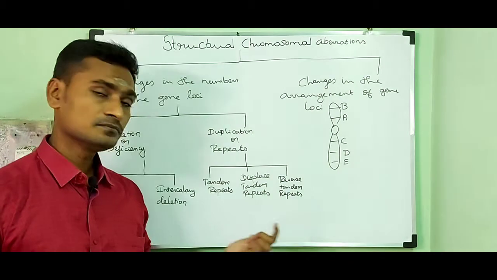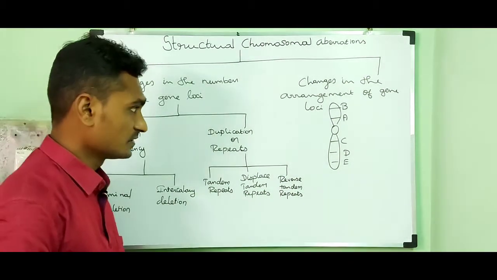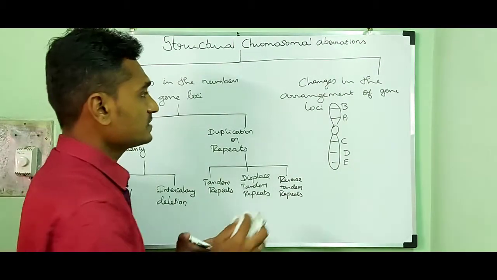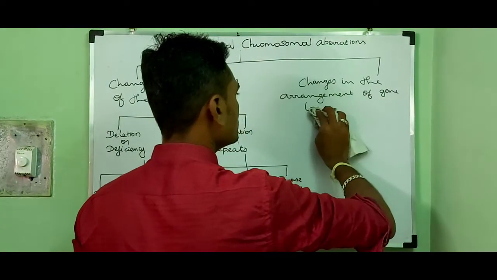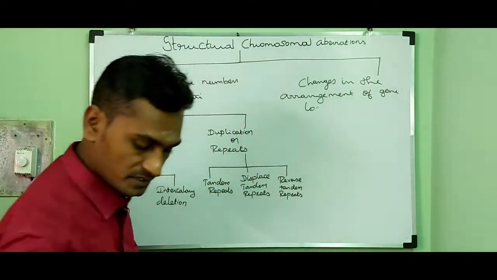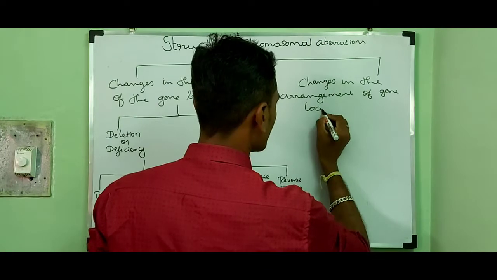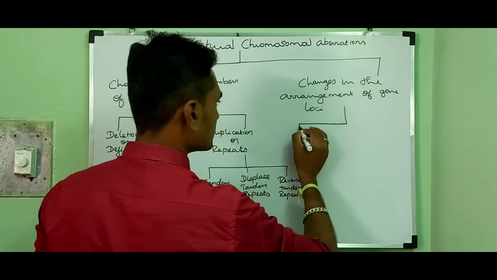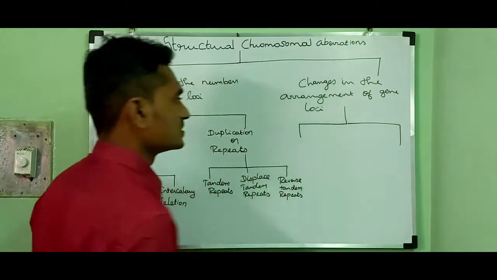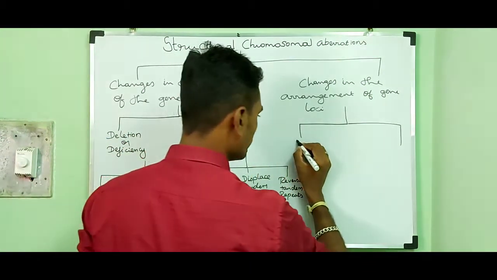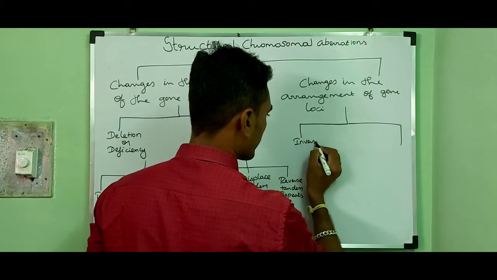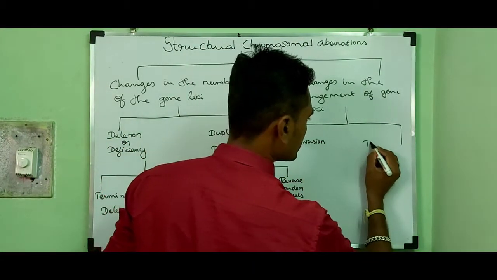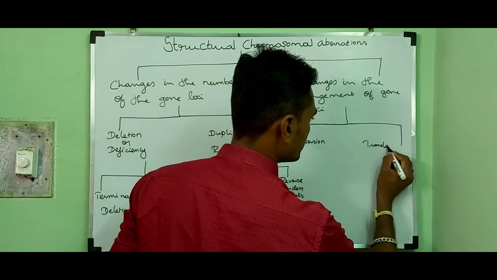Then the changes in the arrangement of gene loci can be divided into inversion and translocation.